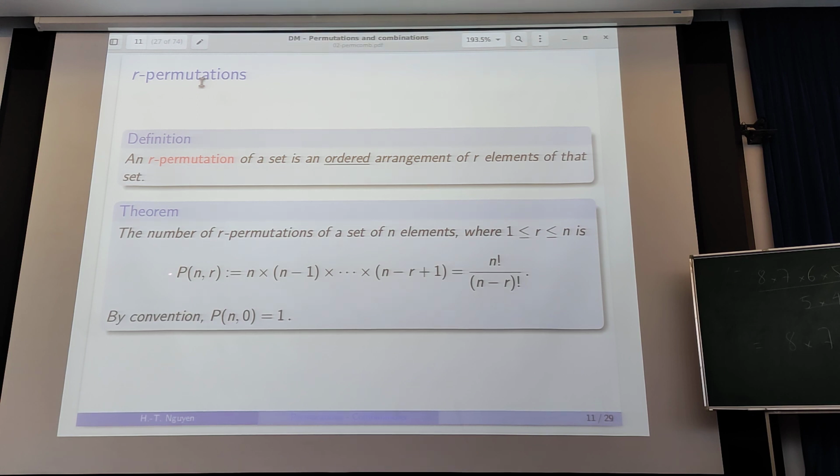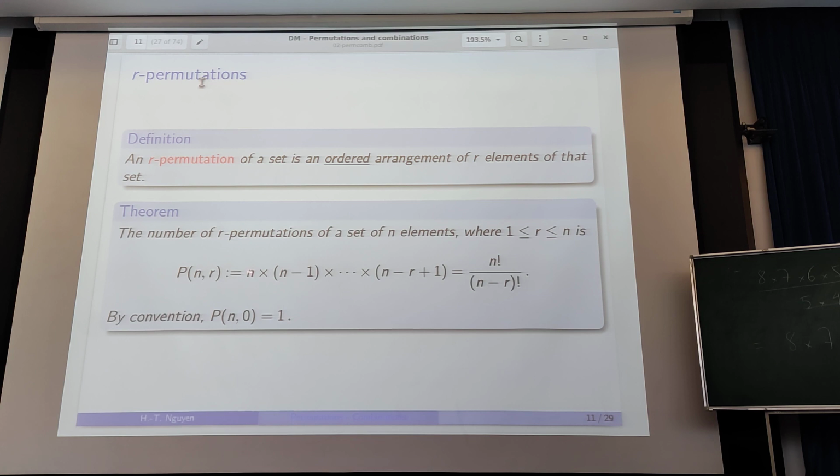Okay. So here, note that the order is important. The first index n is the number of elements in the set, and the second parameter r is the length of the r-permutation. Okay, so P here, you can guess, is for permutation, and we write this general formula. It is the formula that we have established. Okay, so you can use the product rule.